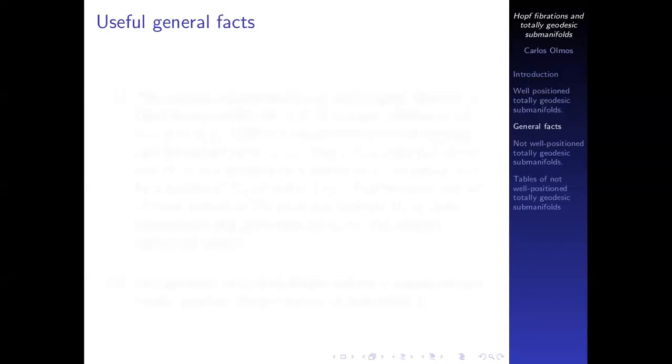So now we get to some very general geometric facts that could be useful in a more general setting. There are observations that come together in order to give some conclusions in our cases.